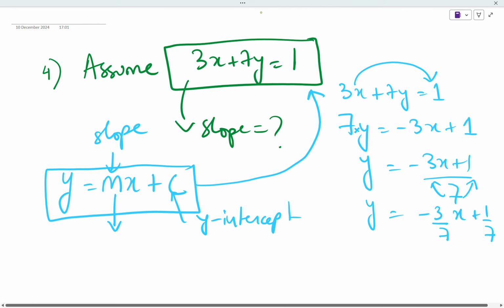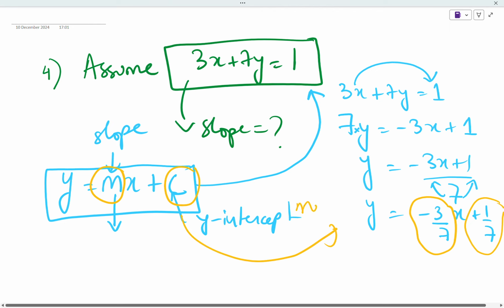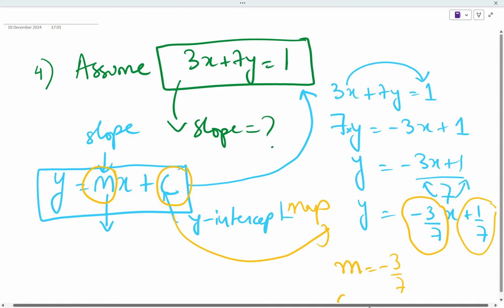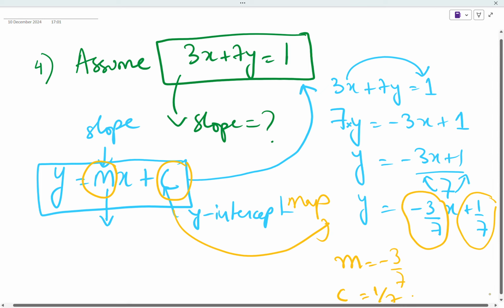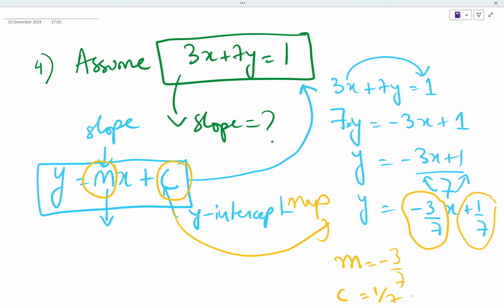Here you can clearly see that this is my m and this is my c, if you just map it. So my slope is minus 3 by 7 and my y-intercept, which is represented by c, is 1 by 7. Using this process, you can find out the slope when an equation has been presented to you in the question.